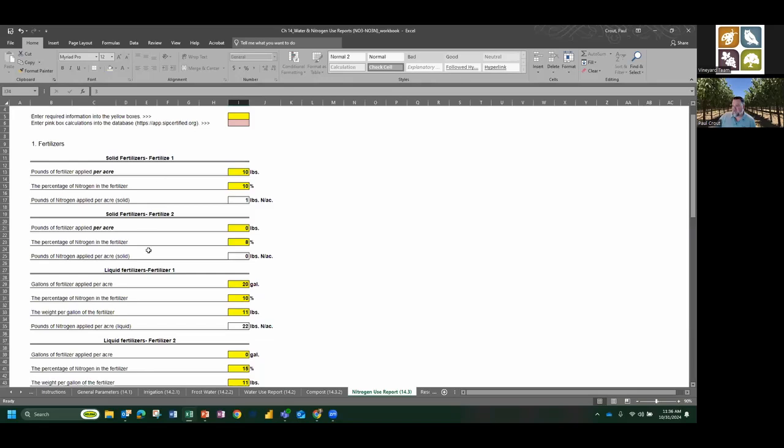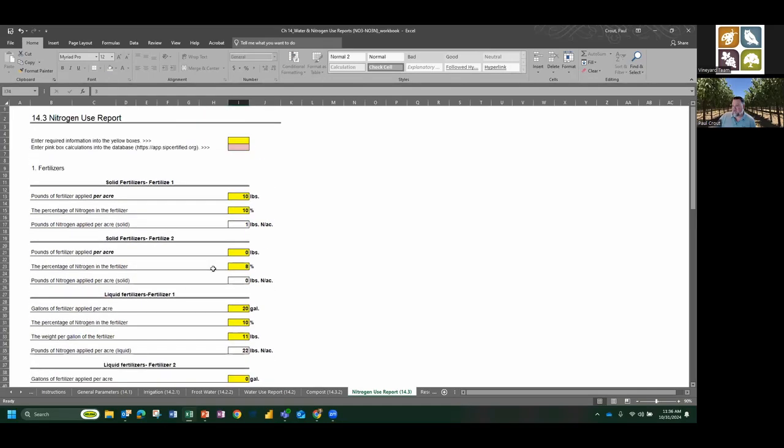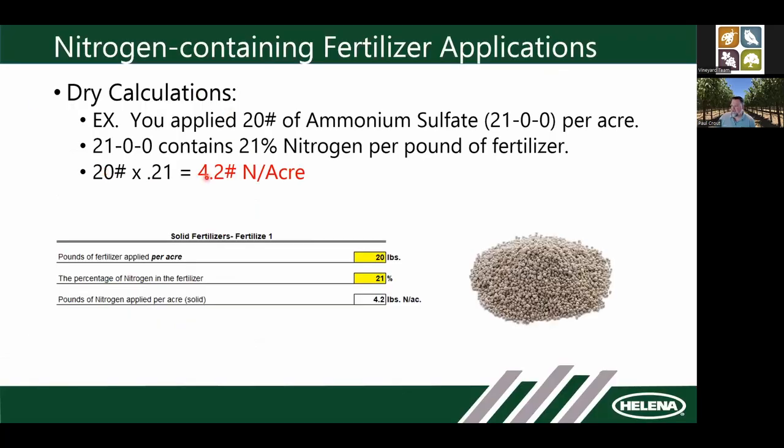You have multiple fertilizer applications and you have liquids. So for example, in our example, we had 20 pounds of fertilizer and there was 21% nitrogen in that. So it was 21-0-0. That got you your 4.2 pounds. So that's how it gets that calculation, but it's a pretty simple formula right there. All right.